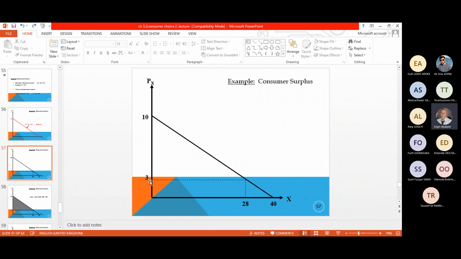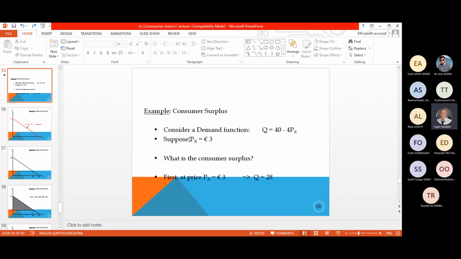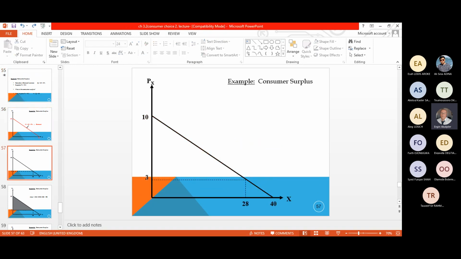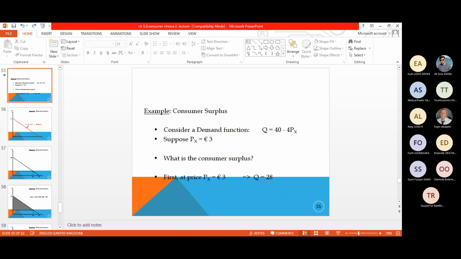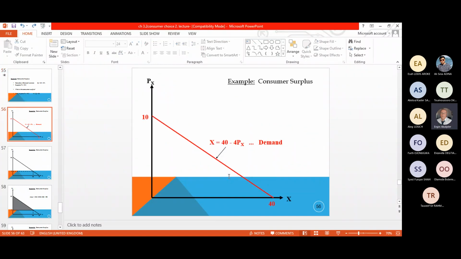Because the question asks for the surplus when the price is 3, you go to 3 here, and at 3 you have 28, which we estimated. The quantity is 28. Then the surplus here is going to be, you have to determine this rectangle, which is 28 times 3.